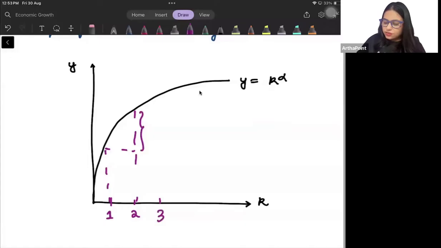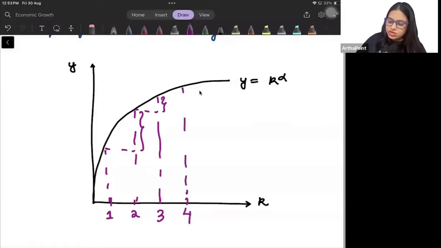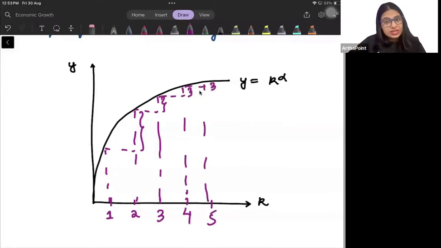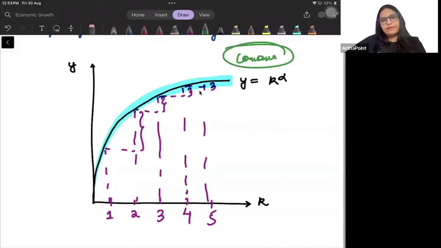Then from 2 to 3, output is increasing by this much amount. Then we went from 3 to 4, output is again increasing by this much amount. 4 to 5, output is again increasing by this much amount. So output is increasing, but you will see that this is becoming flatter. That means it is concave in shape. It is concave in nature.